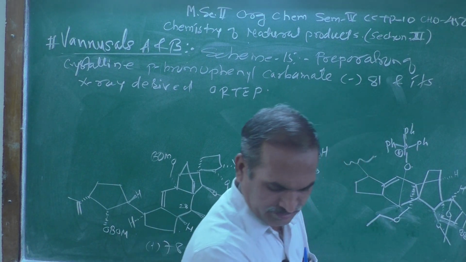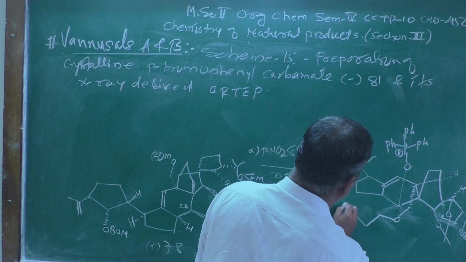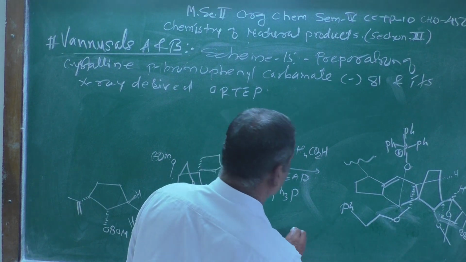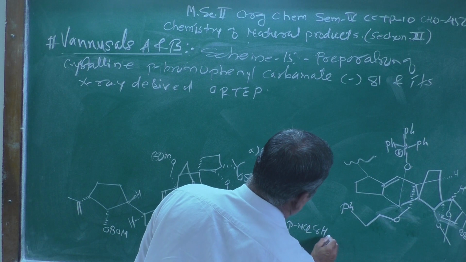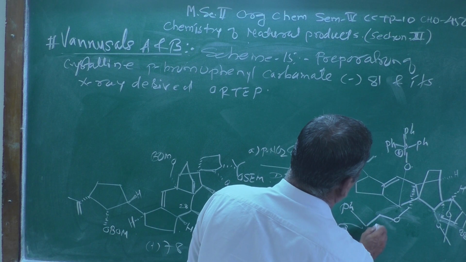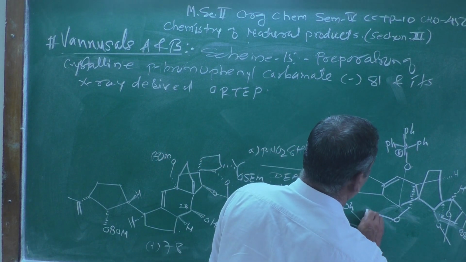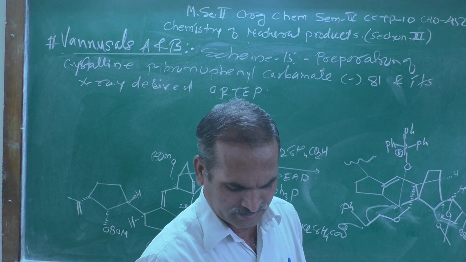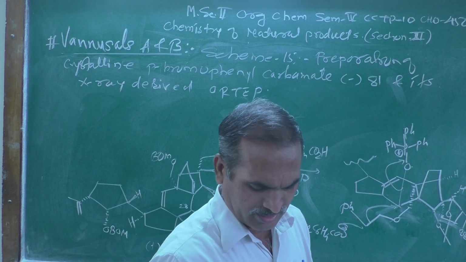This group has then Ph, then there will be a p-NO2C6H4COO minus, that COO minus is going to attack at this position, and this bond is going to break like this.